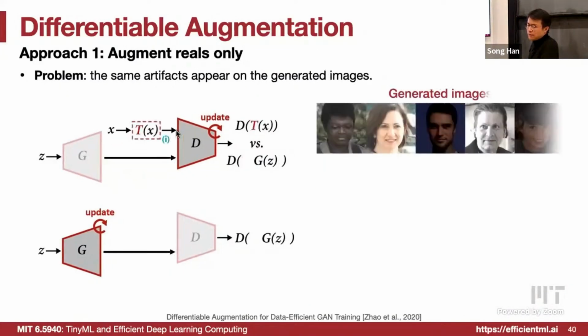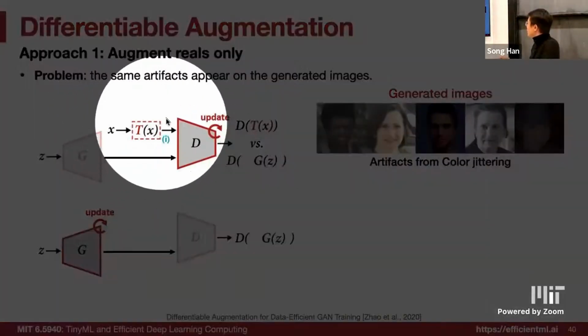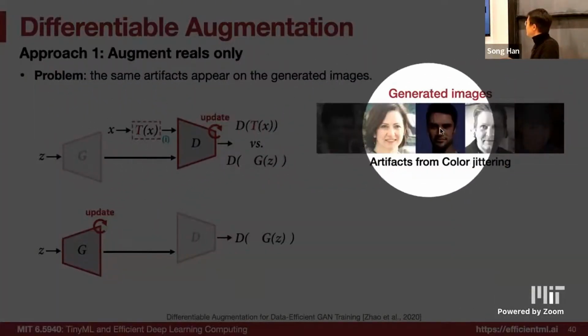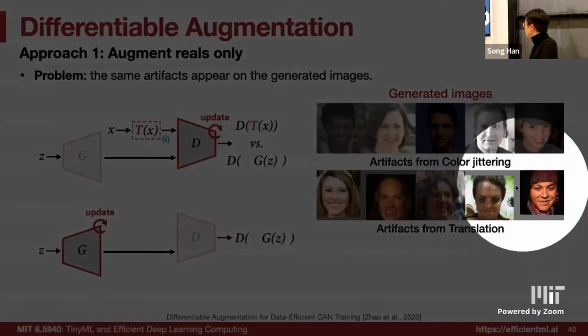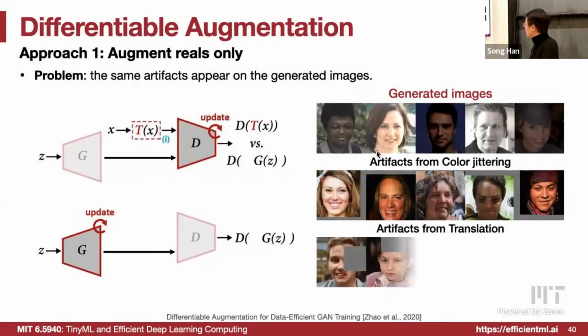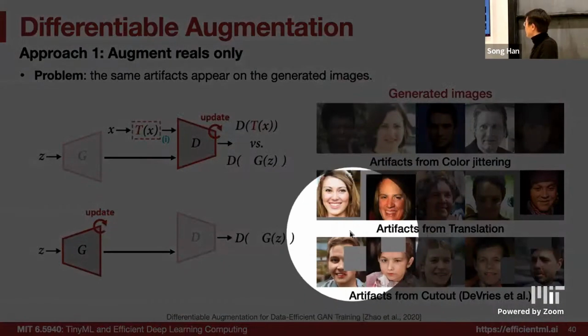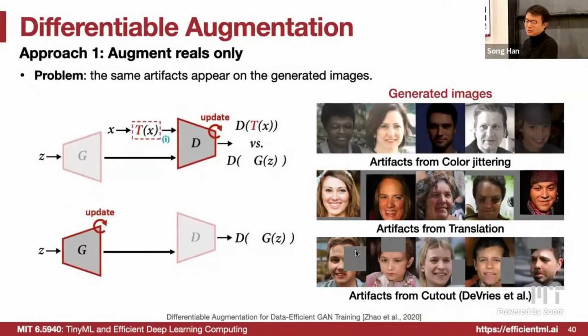Actually, we find the generated image will suffer from the same artifact as we applied right here. For example, the generated image also looks darker or brighter. The generated image also suffers from this translation. They also suffer from the cutout. The generated image has a big patch right here.